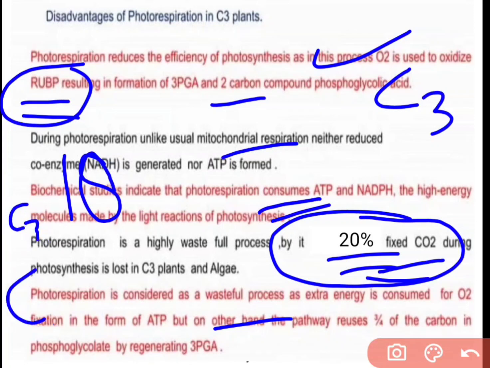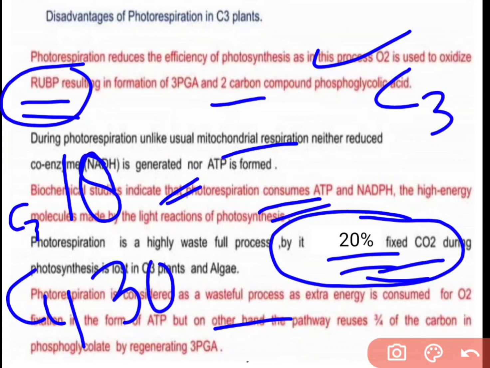But in C4 plants, you have to use 18 plus 12, that is 30 ATP to form one glucose molecule. So although 30 ATP are being used in C4 plants, still C3 plants are less efficient. C4 plants consume more ATP, but still C3 plants are less efficient. Why? It is all because of photorespiration, because of the oxygenase activity of RuBisCO.